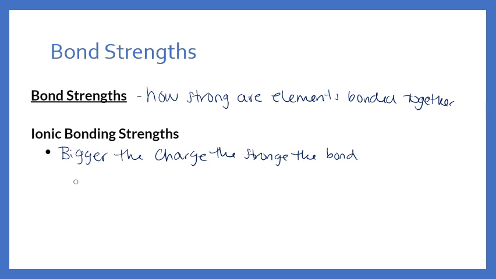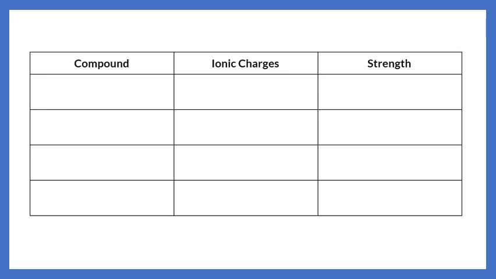So let's look at what that means. So let's say that our compound is sodium bonded to chlorine. Na takes a +1 charge. Cl takes a -1 charge. Because the number is 1, it's not a very large charge, so this is a weak bond.